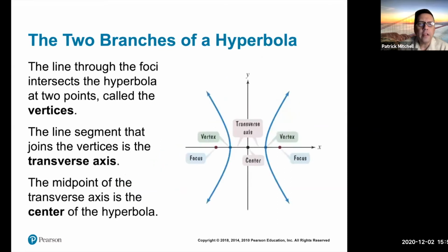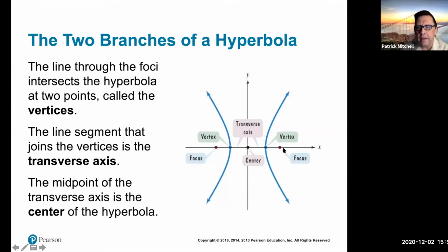All right, the line through the foci intersects the hyperbola at 2 points called the vertices. The line segment that joins the vertices is called the transverse axis. And the midpoint of the transverse axis is the center of the hyperbola. If you look at this picture, I think that the vertices and the center, at least, make a lot of sense.